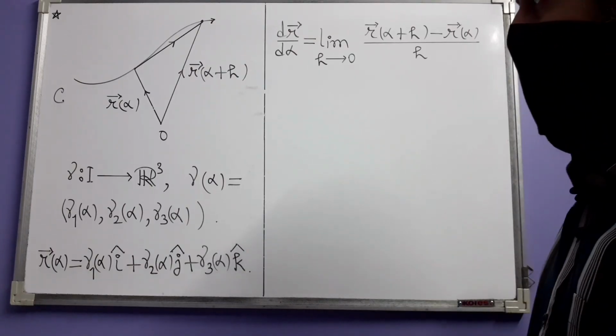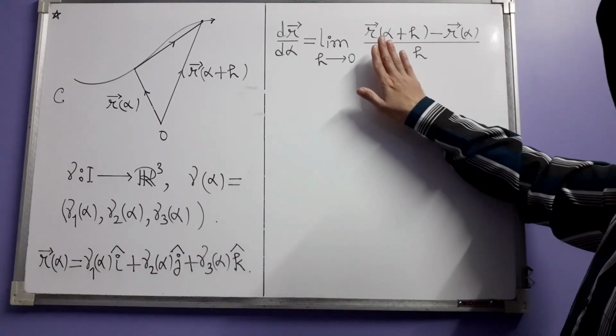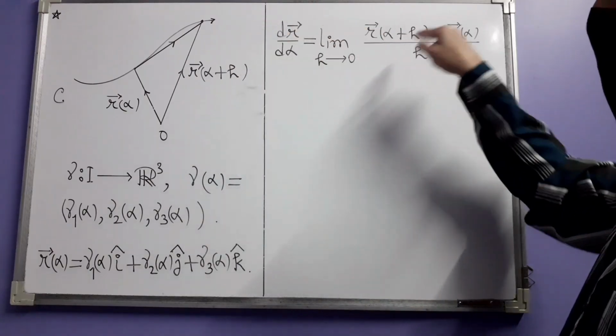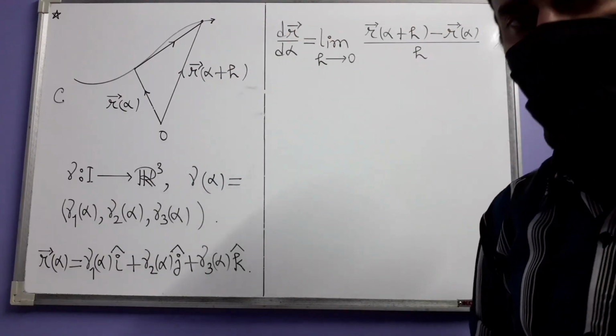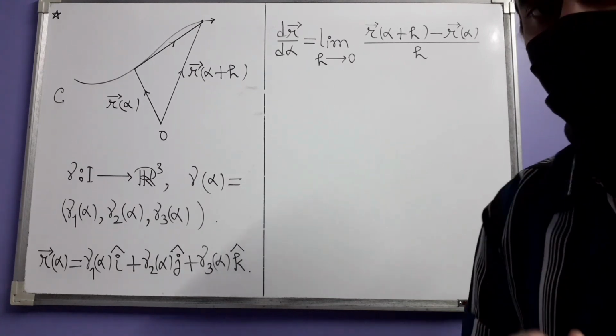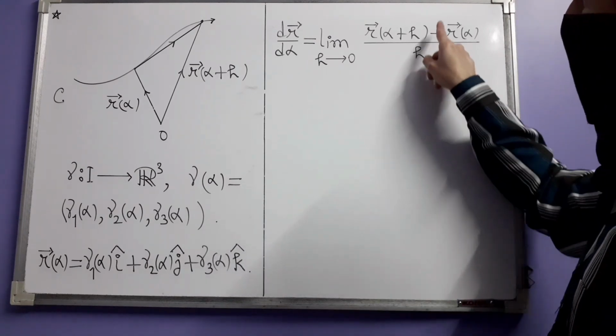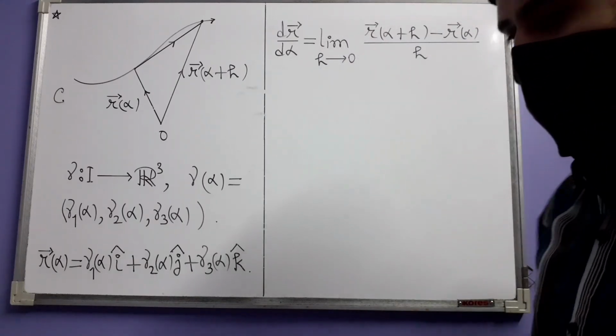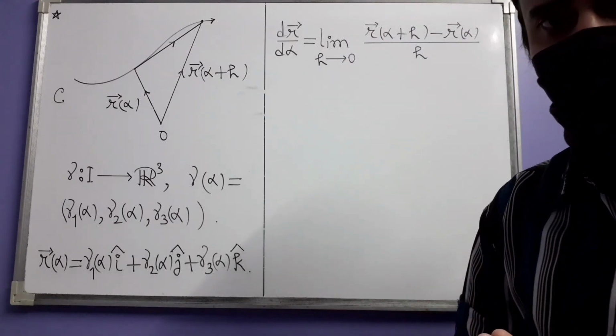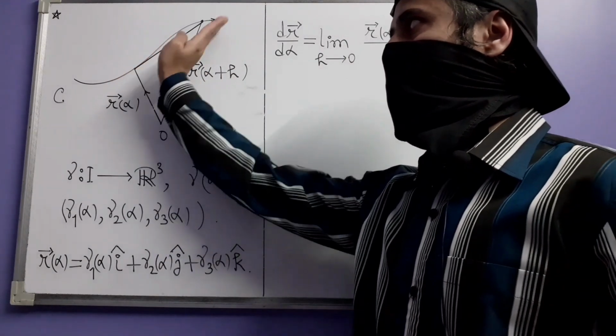Okay. But we are not exactly seeing this vector itself here, but the vector divided by a real number, h, which is positive. Because we are dividing a vector by a positive real number, this vector does not change its direction. It maintains this direction.